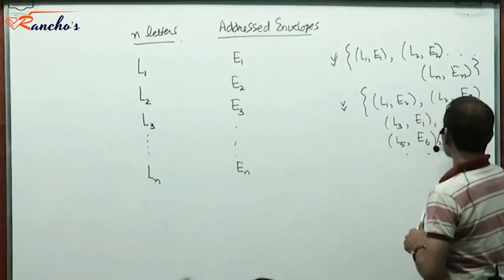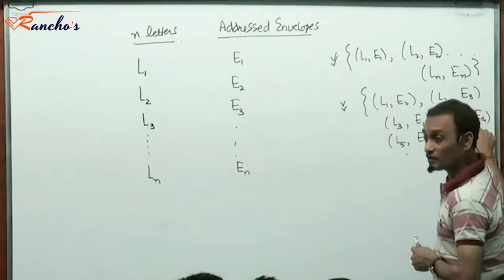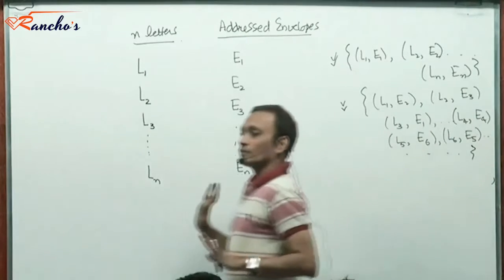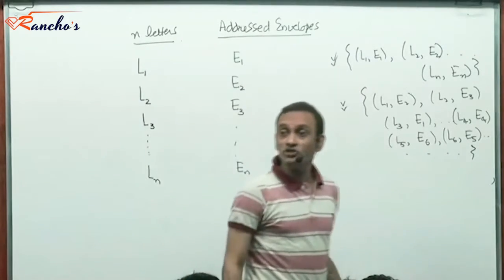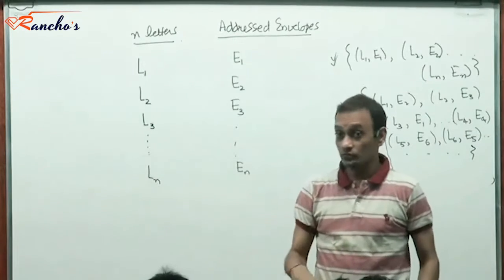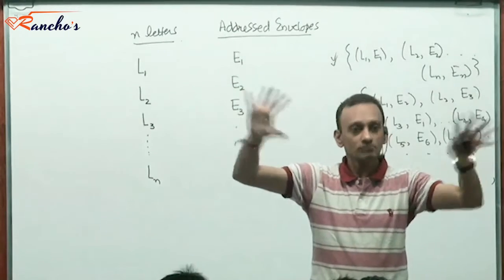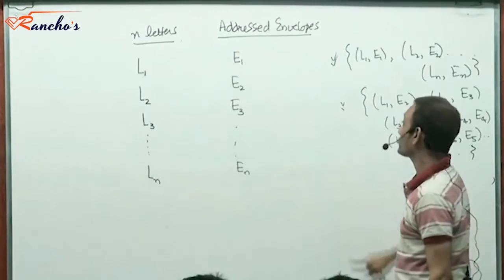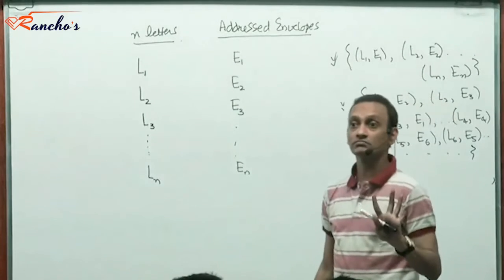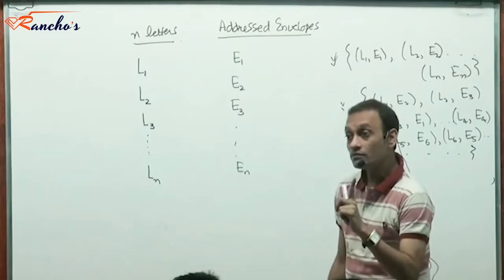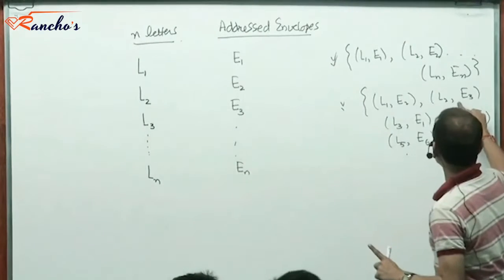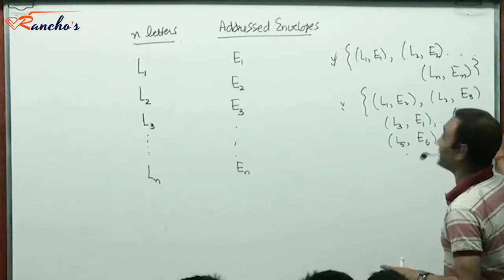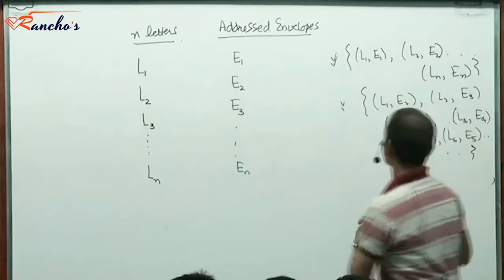Now, this, for example, is a case in which some letters have gone into the right envelope, right? So, if I list out all possible ways of designating letters to envelopes, there would be two kinds of cases. See, these are various cases of designating letters to envelopes, right? There would essentially be two kinds of cases. One, something like this, for example, in which one or more letters would have gotten into the right envelope, right?